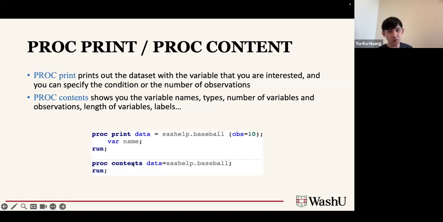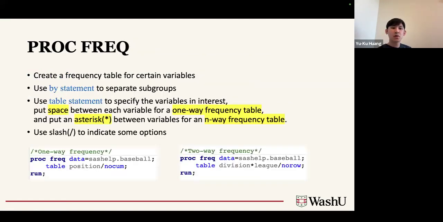And also, if you use proc contents, it will provide more detailed information for your data set, say the data type or the length of the variables or something like that. And also, I often use proc freq. So proc freq is to create a frequency table for certain variables, and you can use a by statement to separate subgroups.